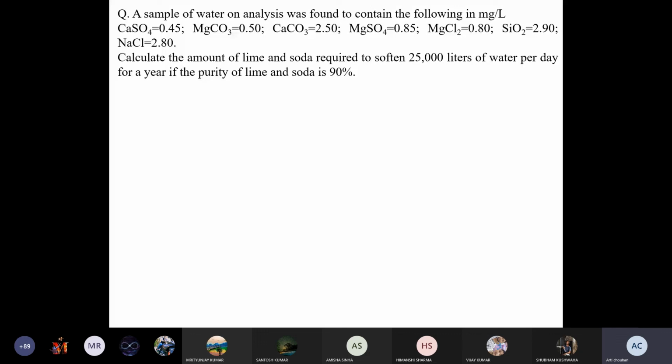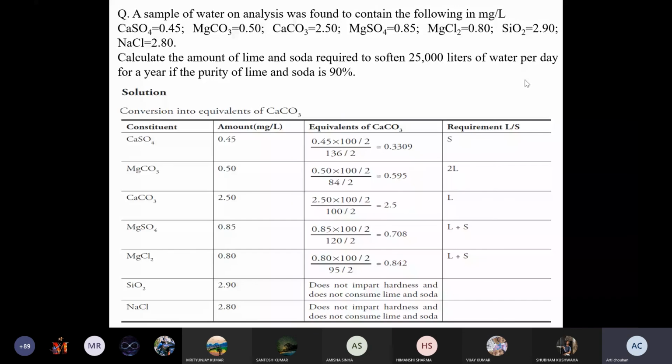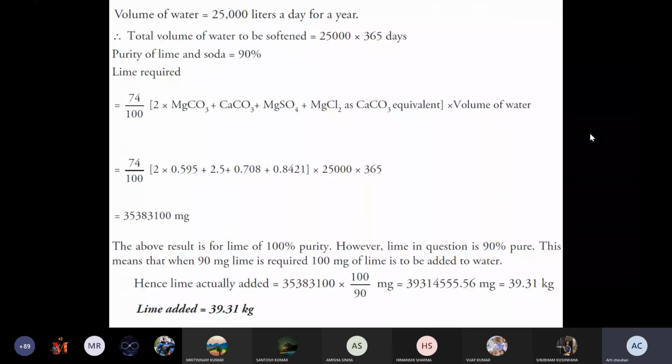So let's first write the table, incorporate all the values, write all the constituents, then amount, then convert into equivalent of calcium carbonate by simply multiplying by their multiplication factor, and write down all the requirements if you want to write. Then add all the values in the lime requirement, as the volume of the water is given as 25,000 liters a day for a year.